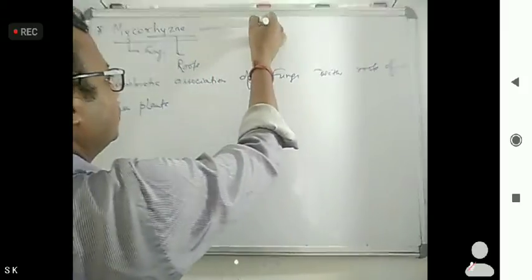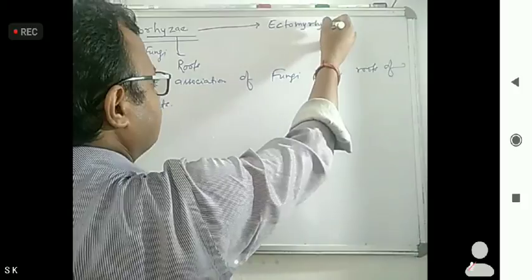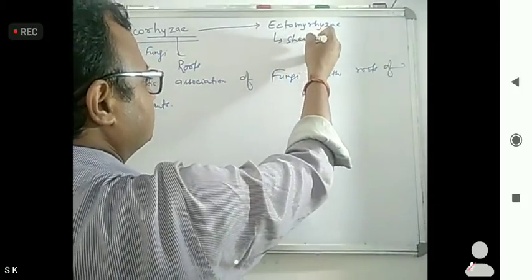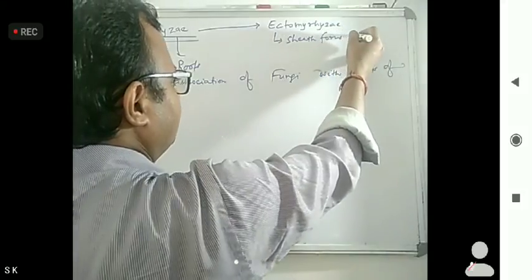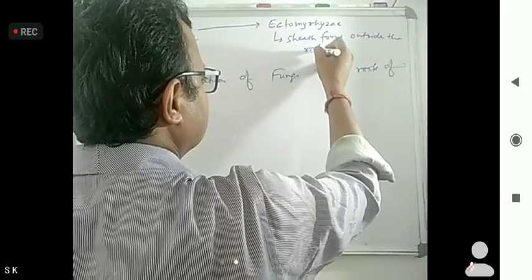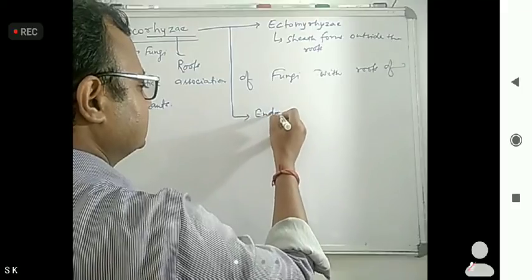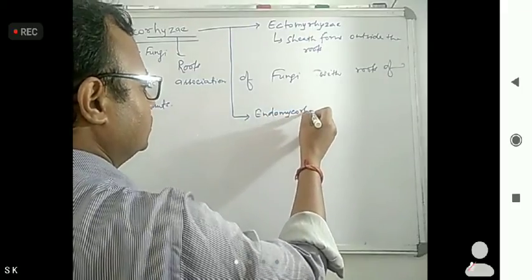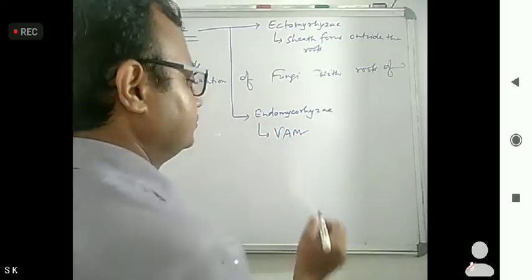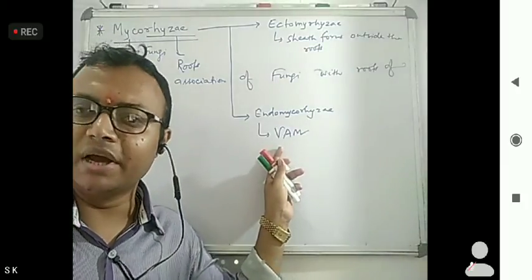One is ectomycorrhizae. Here a sheath or layers form outside the roots. The next one is endomycorrhizae. Here the example is vesicular arbuscular mycorrhizae.